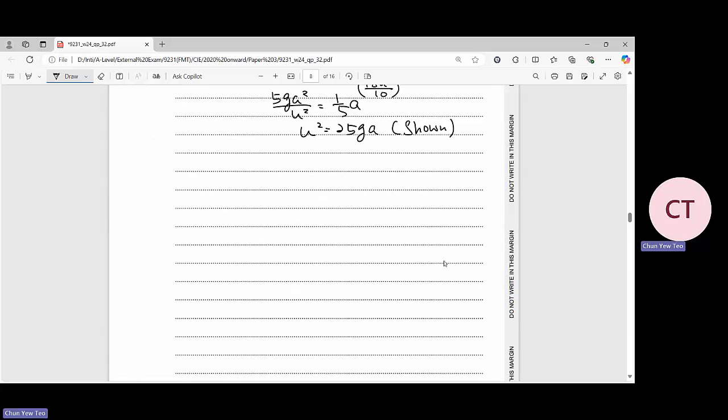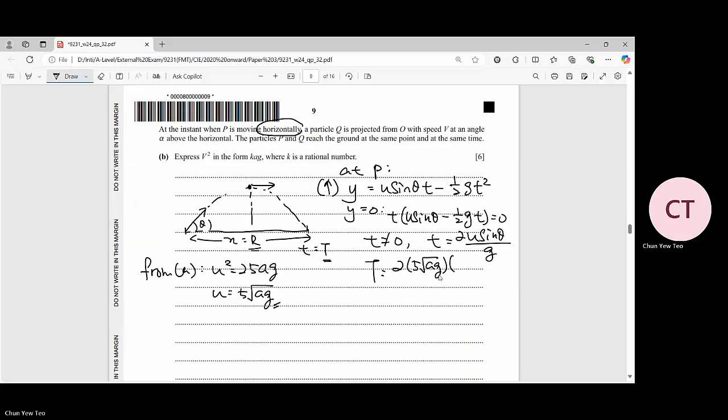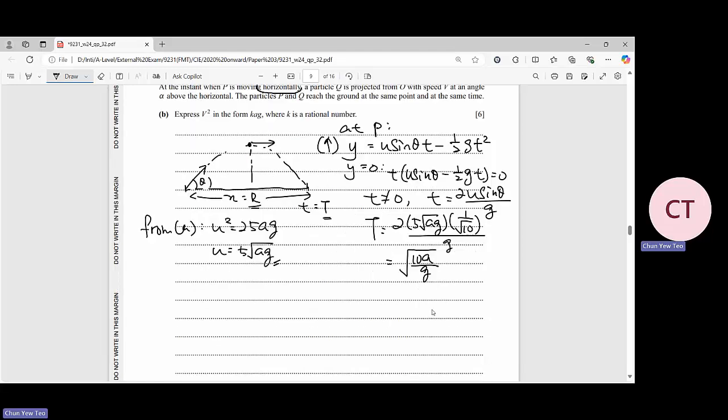Sine theta is 1 over square root of 10. It's kind of complicated, but if we simplify them, you should be able to get the time of flight for P. It will be square root of 10a over g.